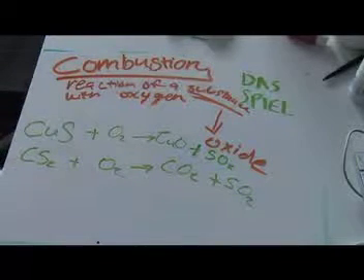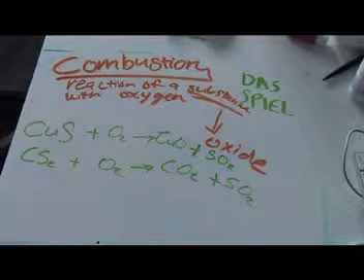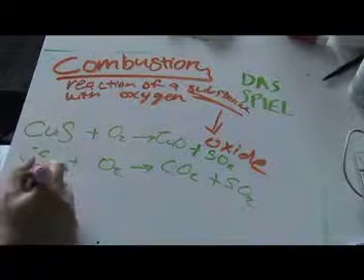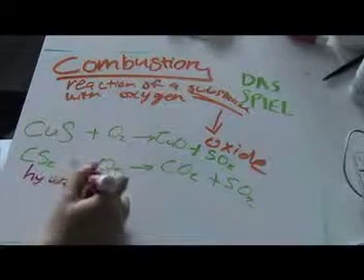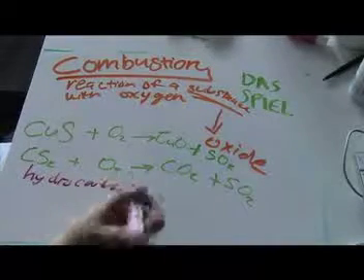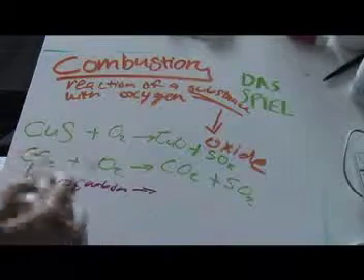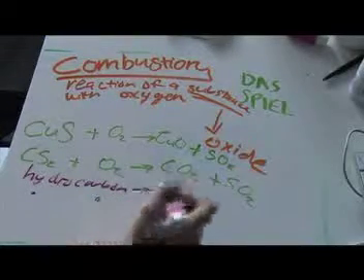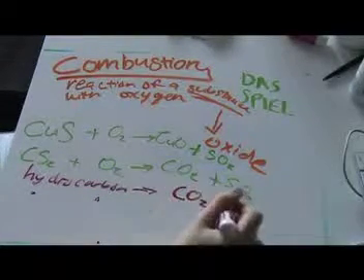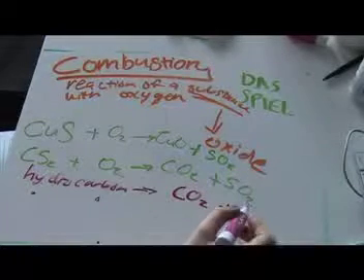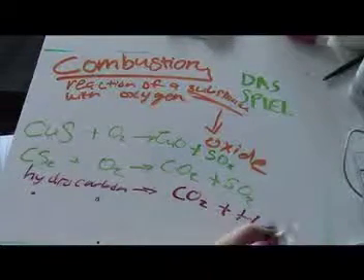Another thing about combustion that's pretty important is that if you have a hydrocarbon, which I believe Arya explained are things with hydrogen and carbon, then the products will always be CO2 and H2O.